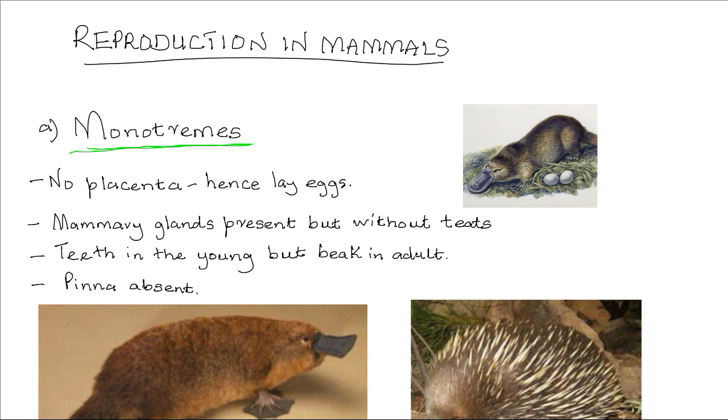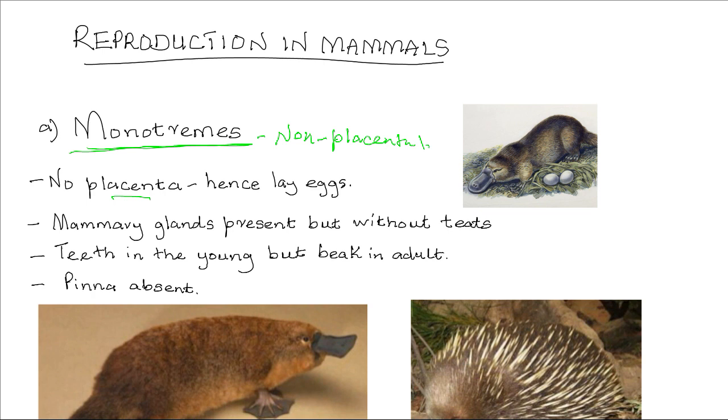Monotremes lack a uterus, therefore they do not have a placenta, so they are non-placental. These types of mammals represent a primitive group because they lack a placenta.